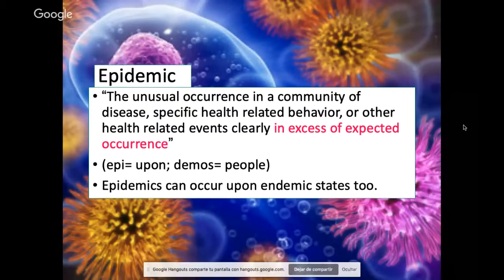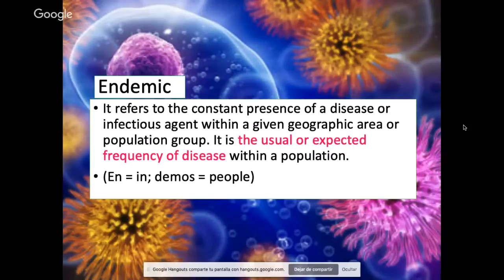Endemic refers to the constant presence of a disease or infectious agent within a given geographic area or population group. It is the usual or expected frequency of the disease within a population. En means in and demos means people.